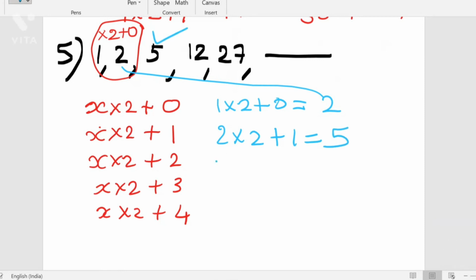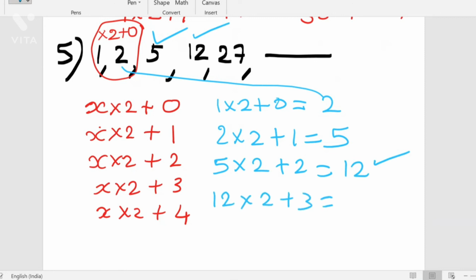So here we have to use, after 5, 5 into 2 plus 2. That is 12. We got the answer 12. Next we have to apply 12 here. 12 into 2 plus 3, that is 24 plus 3, 27. So what has to be multiplied and added for the next to find the missing number?